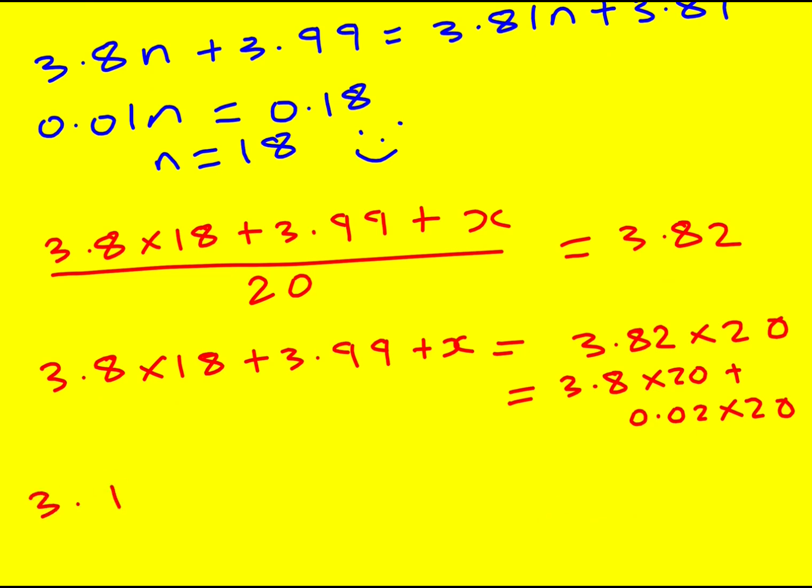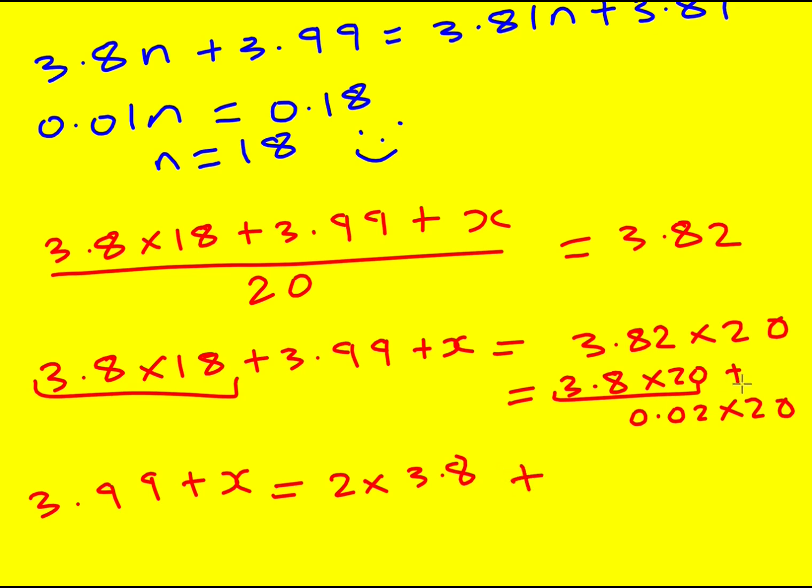So 3.99 plus x is going to equal 2 lots of 3.8, because I'm subtracting the 18 lots of 3.8 from both sides, which is much easier to deal with, plus 0.02 times 20. If I times by 10, I get 0.2, and if I times by 2, I've got 0.4.